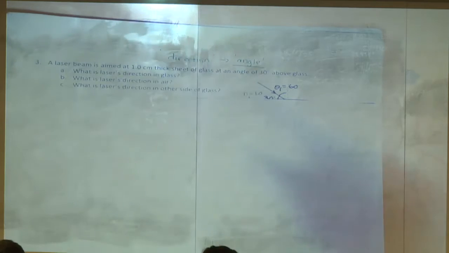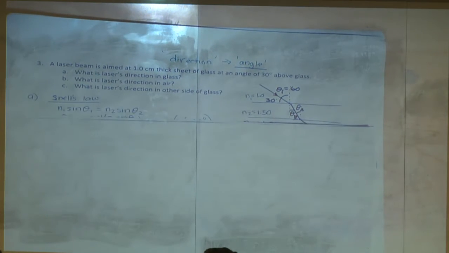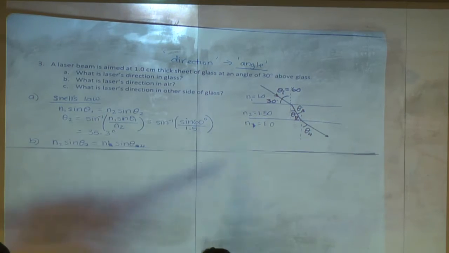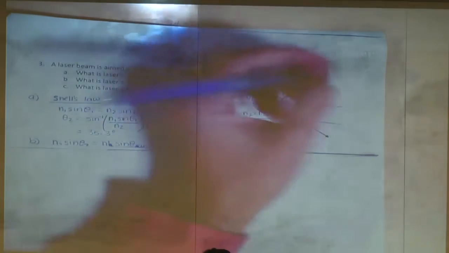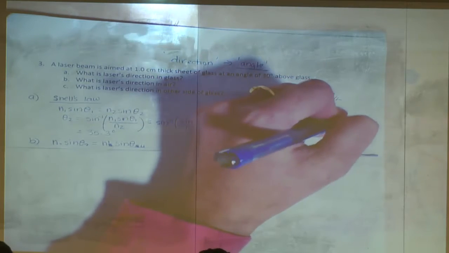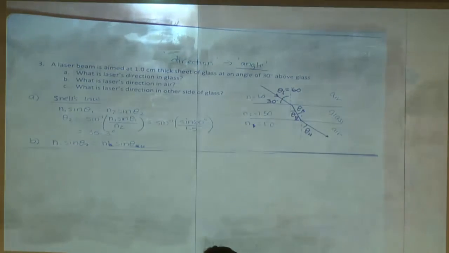Now we know that Snell's law says that n1 times sine theta 1 equals n2 times sine theta 2, right? So here I have drawn another diagram, so this is air, this is glass, and this is air again. I mean, a sheet of glass.